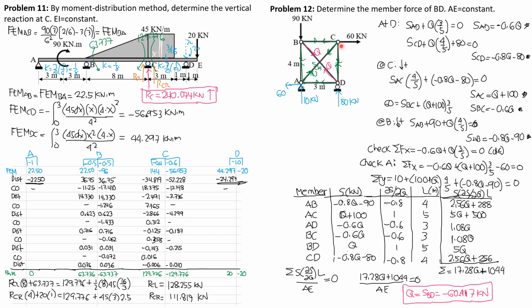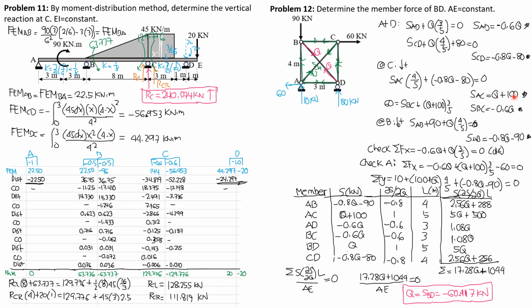Then we proceed to joint C, summation of forces vertical equals 0, downward positive. So we have S_AC times 4 over 5, plus S_CD, which is negative 0.8 Q minus 80, equals 0. So S_AC is equal to Q plus 100, since 80 over 0.8 is 100.